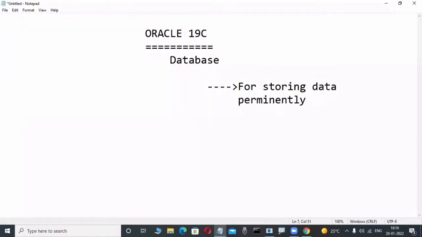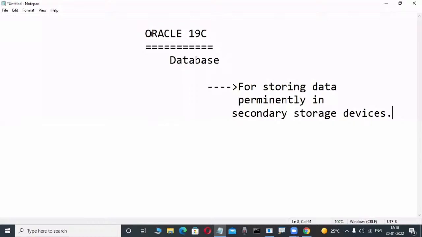In secondary storage devices. Secondary storage devices means maybe a hard disk. Permanent. Suppose today we are storing data, then after 5 years, 10 years, 20 years, even 100 years later your data is available and you are using it.